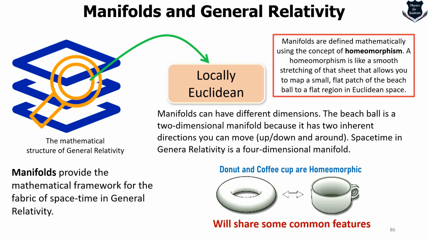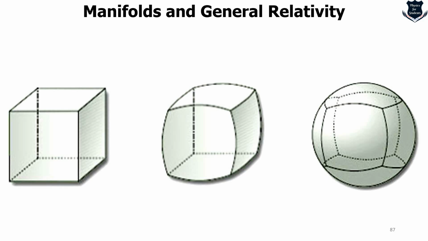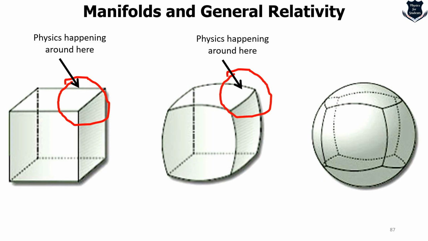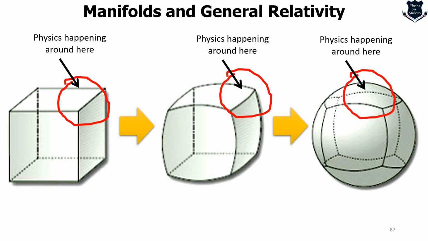I will show you quickly what I mean by homeomorphism. So imagine that these are the 3 figures: a box which is blown into a further figure and it goes into a kind of ball or a beach ball. If there is physics happening around here, and if we study that manifold, as we say locally homeomorphic, that means the same thing will have the same feature around here and the same feature around here.